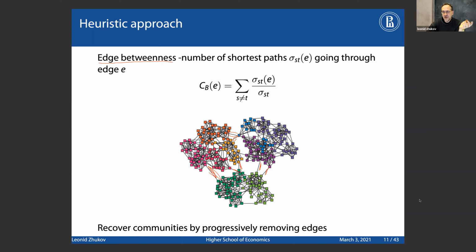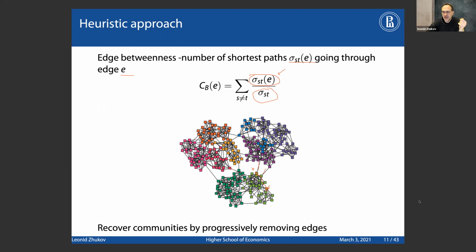The way to do it is through the definition of edge betweenness. We define edge betweenness as the number of shortest paths that go through an edge. So we look at every edge, and then we go through all possible pairs of nodes and calculate how many shortest paths go through this edge, and normalize it by the total number of shortest paths from node S to node T. So we pick one node here, this is S, this is T, and calculate how many shortest paths go from this one to this one and how many of them go through each of those edges.